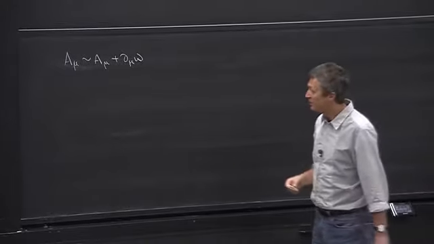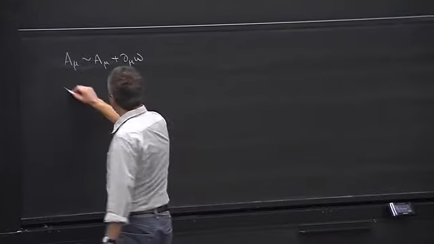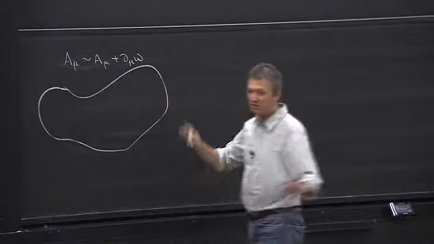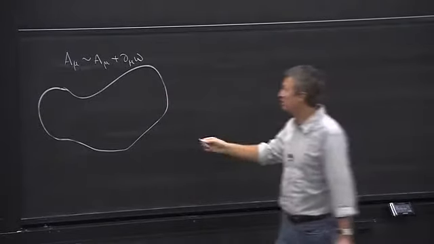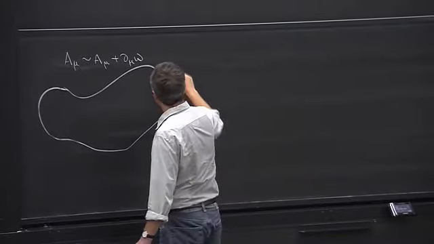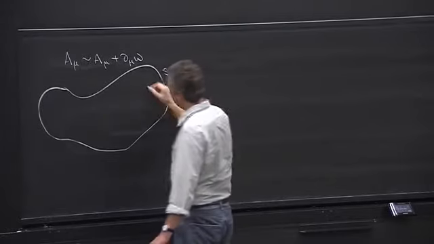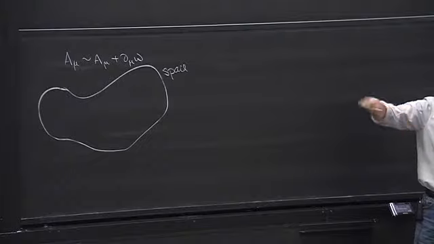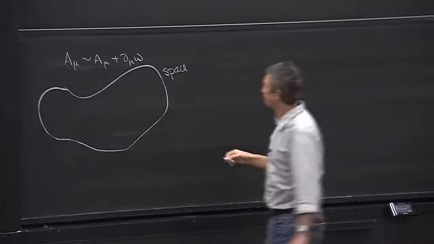Okay. So if you imagine a space of all fields, so this huge space, right? A point in this space is a distribution of A in space and time.